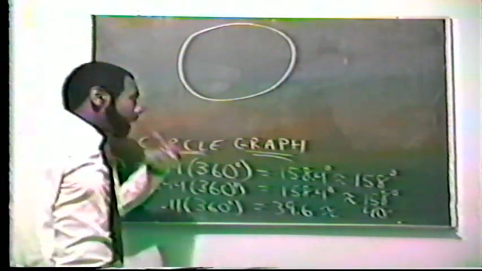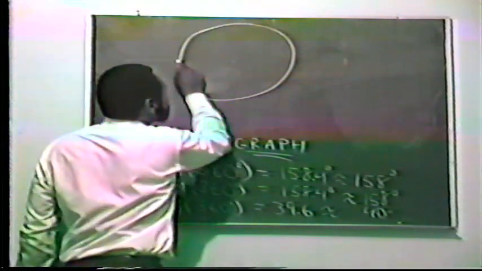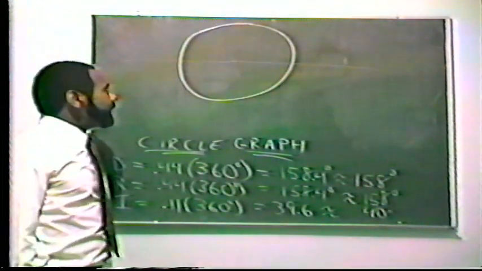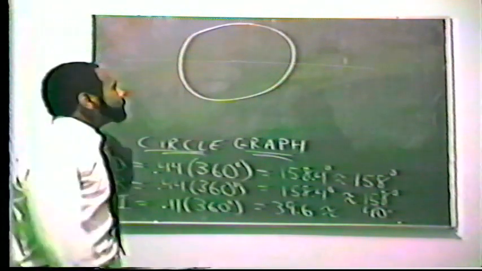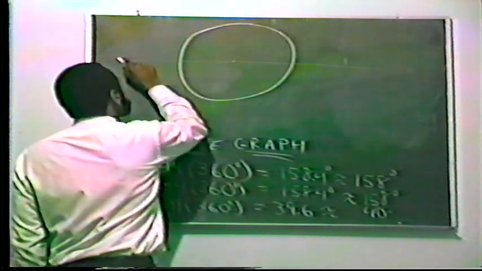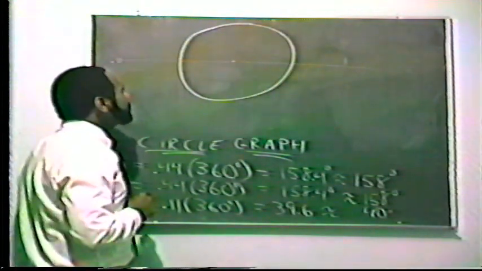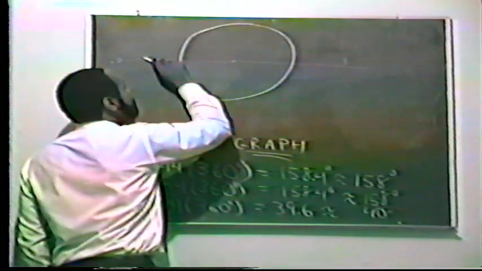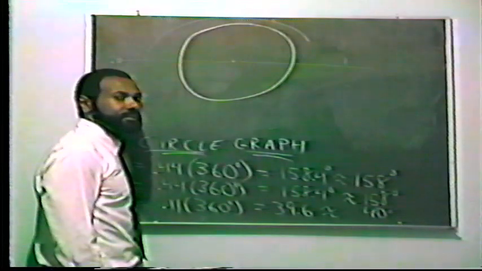And then through the center of the circle, we draw a light line with a pencil. And then we take a protractor. We put the center of the protractor here, and the edge of the protractor, 0 degrees, we put there. And then we measure from here on the protractor until we get to 158 degrees.